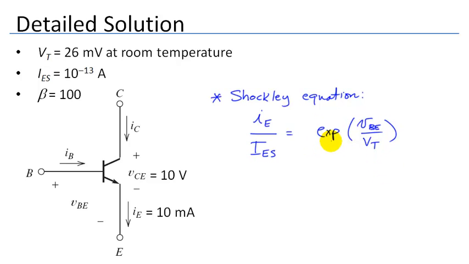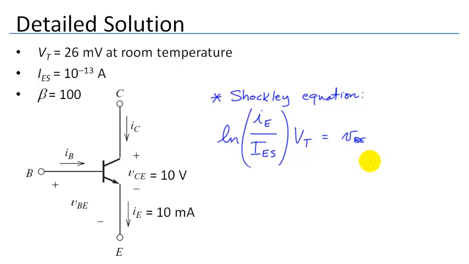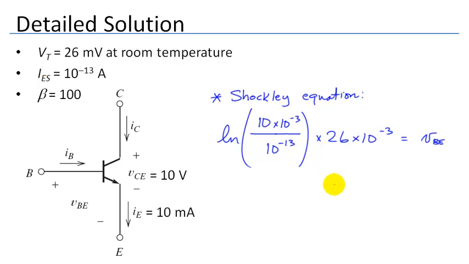So we work on isolating VBE. Here we can take the natural log of both sides, and that will undo the exponential. Put VT on the other side. And at this point we can start putting in numerical values. All three of these are specified by the problem statement.